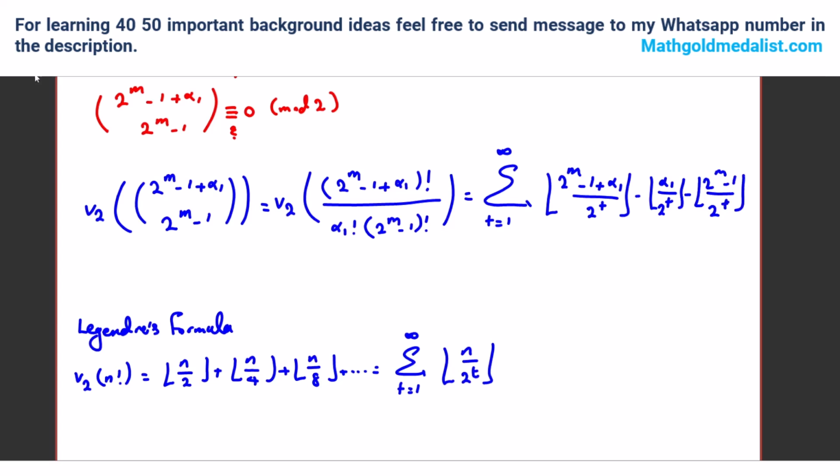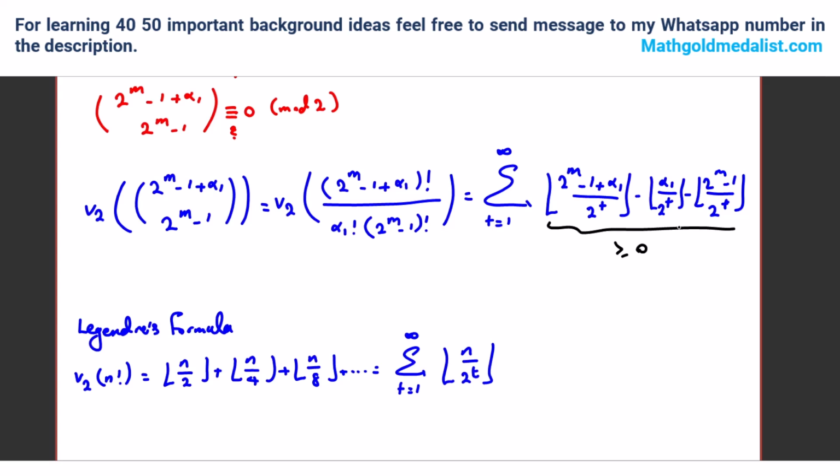Do you agree for each t it is at least 0? Why for each t it is at least 0? Try to prove this.